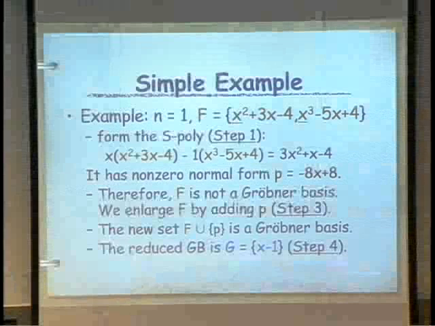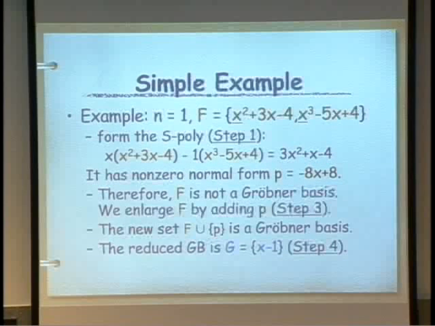A simple example: two polynomials in one variable, right? Suppose you leave this room and somebody asks you, what is the Euclidean algorithm? The answer is very simple. It's Gröbner basis in one variable. So the Buchberger algorithm in one variable, that's the definition of the Euclidean algorithm. So let's do it. We have x squared plus stuff. We have x cubed plus stuff.